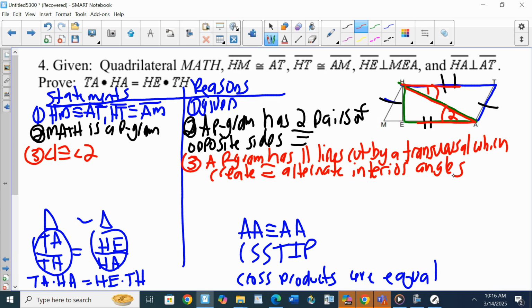All right, I've got one pair of angles congruent. To prove similar, I need two pairs of angles. So I'm looking for more givens.